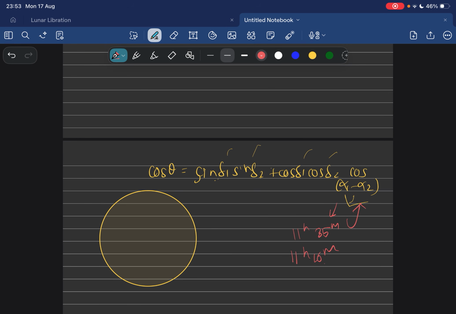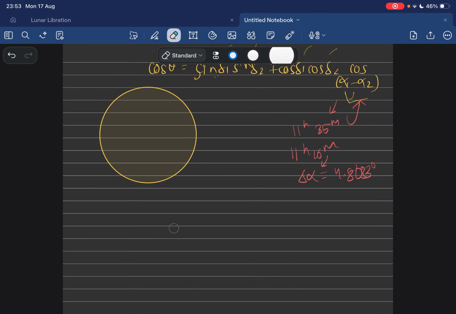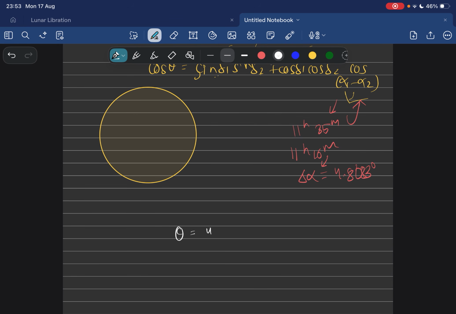Get it done and write the delta alpha in degrees, which comes approximately as 4.8083 degrees. As we know, 1 hour equals 15 degrees. You can convert 19 minutes 14 seconds into hours and then multiply by 15, right? And we know the delta of both the stars. So then, as a function of inverse of cos theta, you must get theta around 4.92 degrees. So that's it.